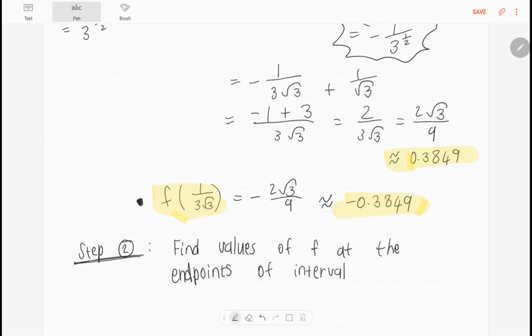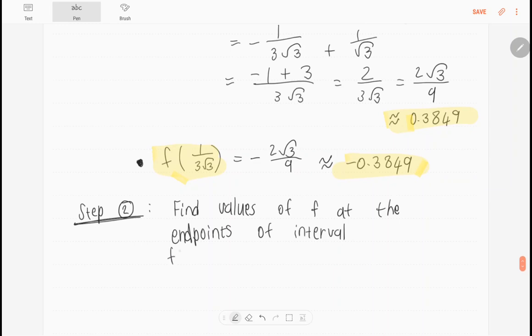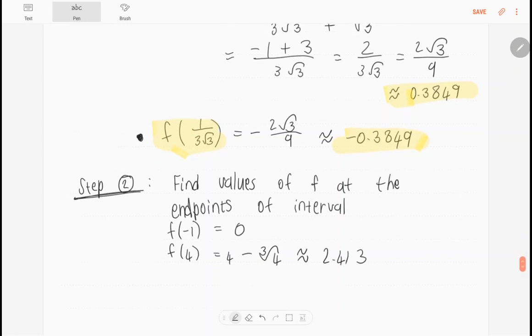And our endpoints were minus 1 and 4. So you find f at minus 1, it's 0, and f at 4 is 4 minus the cube root of 4, which gives you approximately 2.413. So this is our second step.